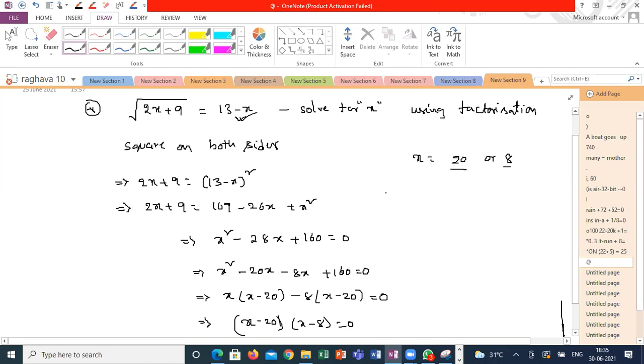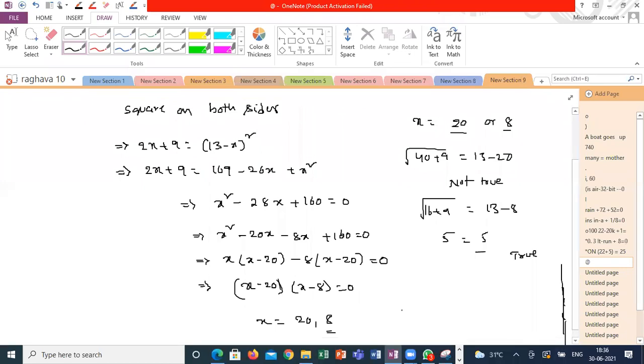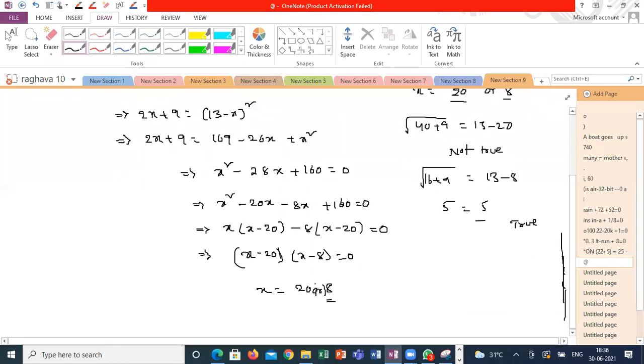If I am substituting 20, 2 into 20, 40 plus 9 is equal to 13 minus 20, which is not a true statement. But if I am substituting x is equal to 8, 16 plus 9, that is equal to 13 minus 8, it is 5 is equal to 5. It's a true statement. So the correct solution of x is 8 only.